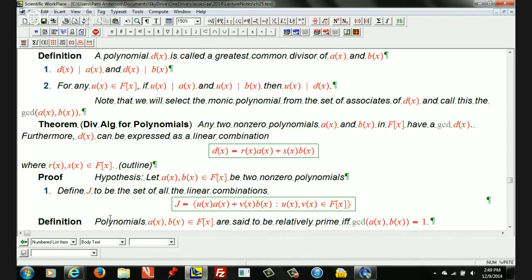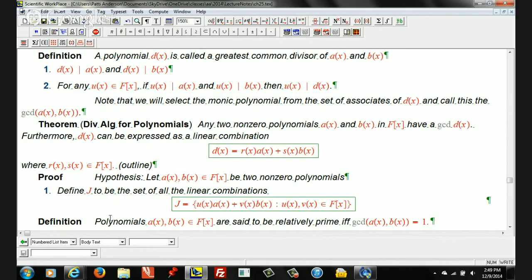Then what? You find that A and B are in there. Yes, they claim J is an ideal. Why is J an ideal?